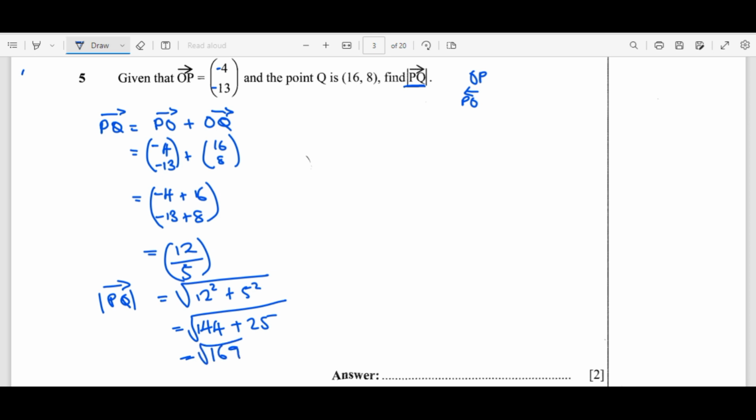The square root of 169 is 13. Because we haven't been given units, we'd say units.